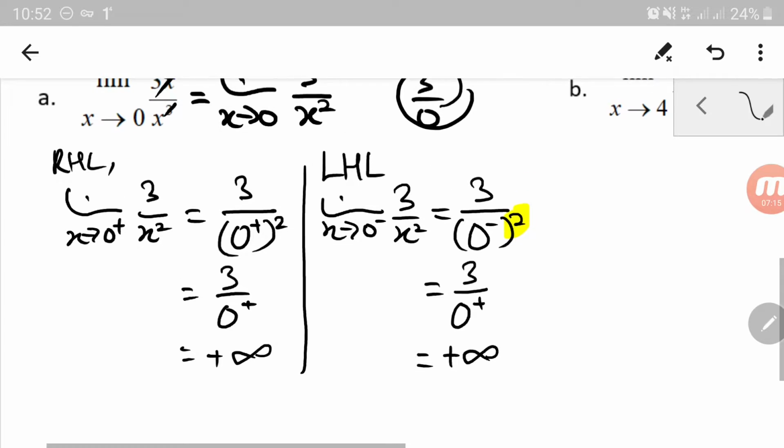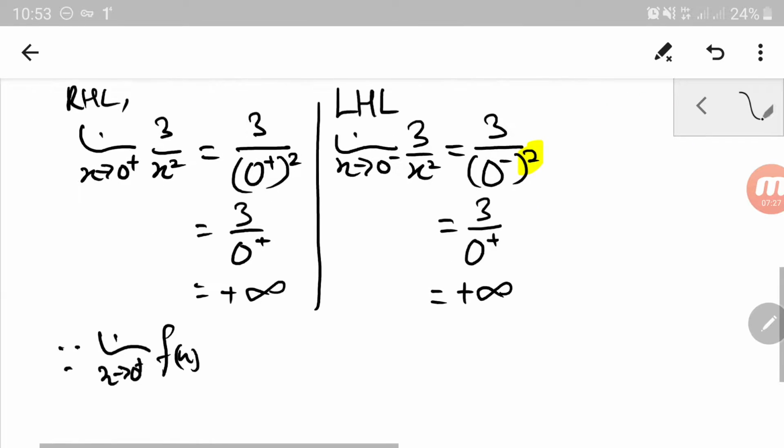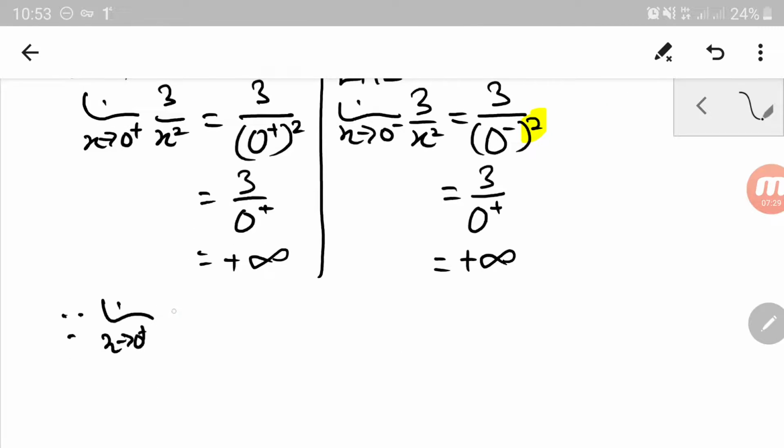So from here the limit exists. The right hand limit is equal to the left hand limit.